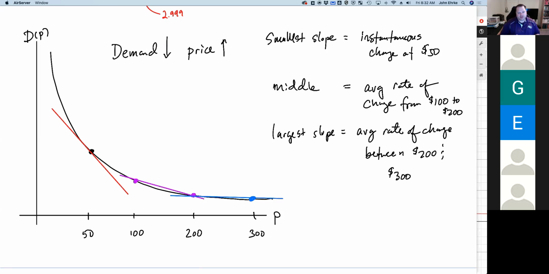The important thing to take away from this example is I didn't have to calculate the slopes to answer this question. So on an exam or something like that, it's very common for me to ask questions that require you to understand the concept behind a thing rather than having to calculate out all the things.